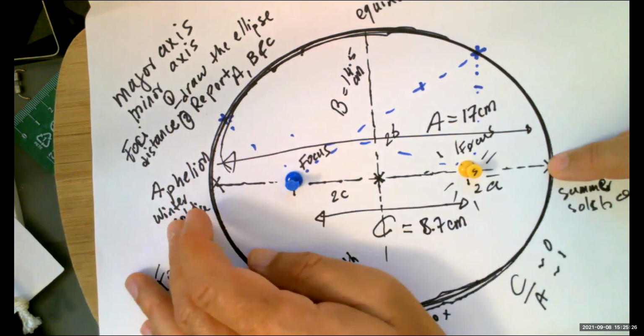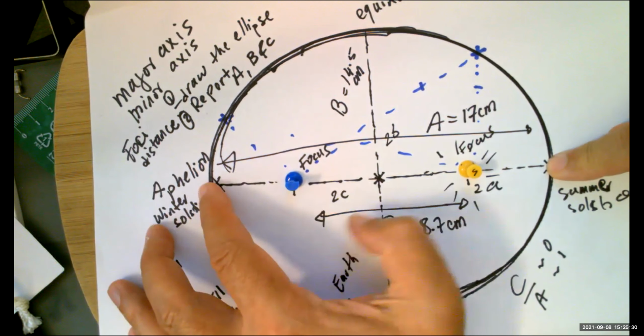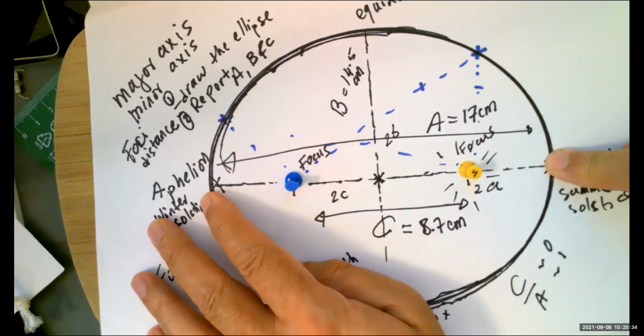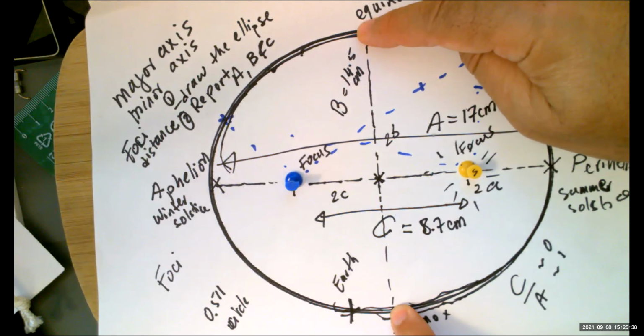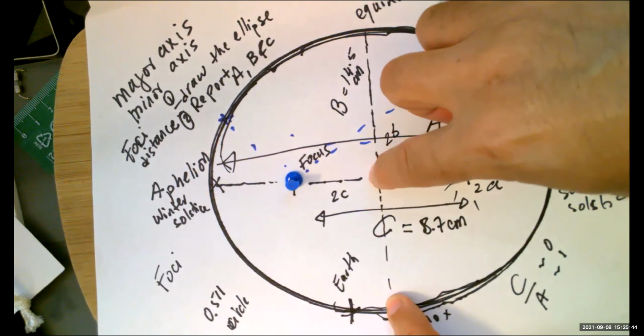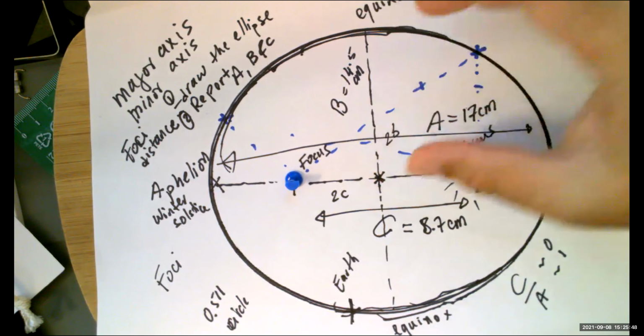From the perihelion, where the planet is very close to the sun, to the aphelion, this distance from edge to edge is called the major axis, as opposed to the minor axis in here. Okay, so this is the major axis, this is the minor axis. This half of the major axis is called the semi-major axis.